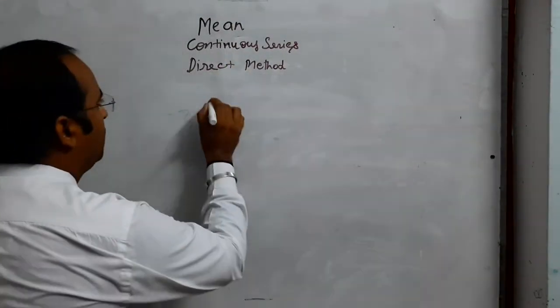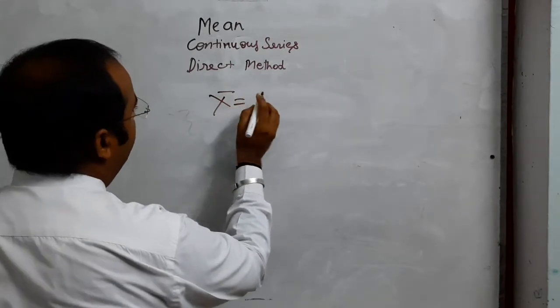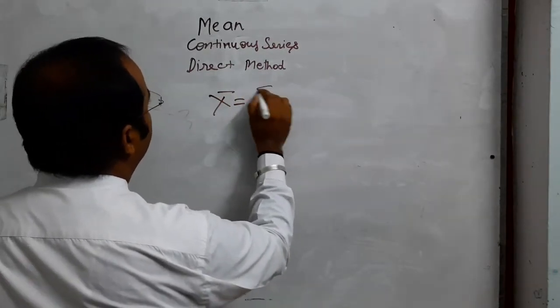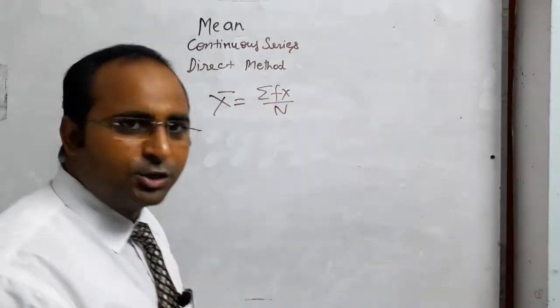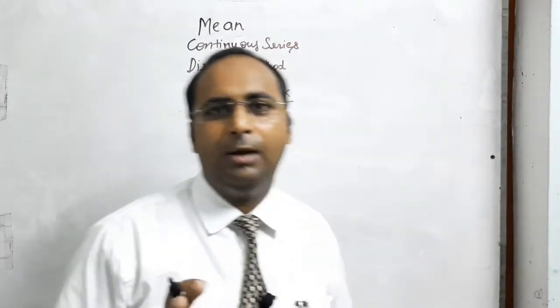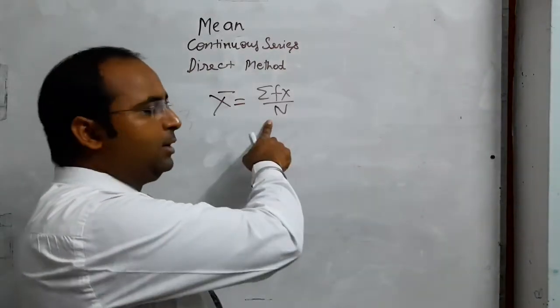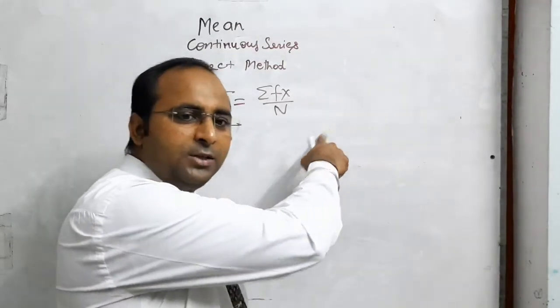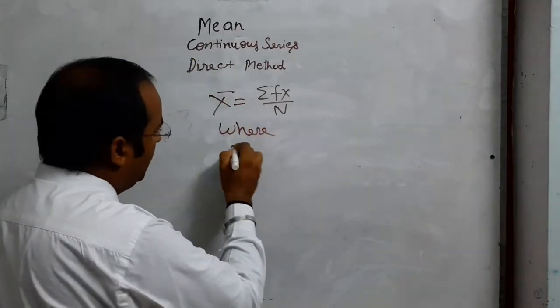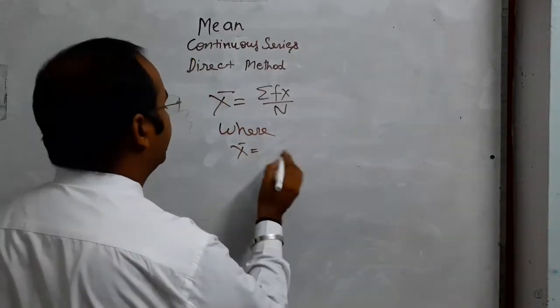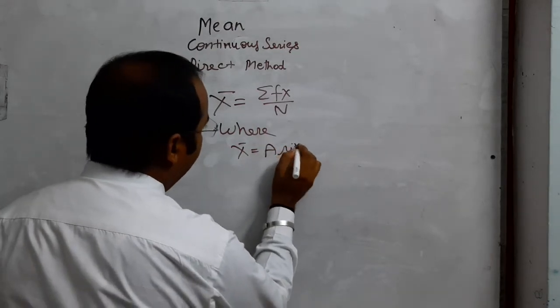First you see the formula: x bar equals sigma fx upon n. In discrete series and continuous series we have the same formula, x bar equals sigma fx upon n, where x bar is the arithmetic mean.